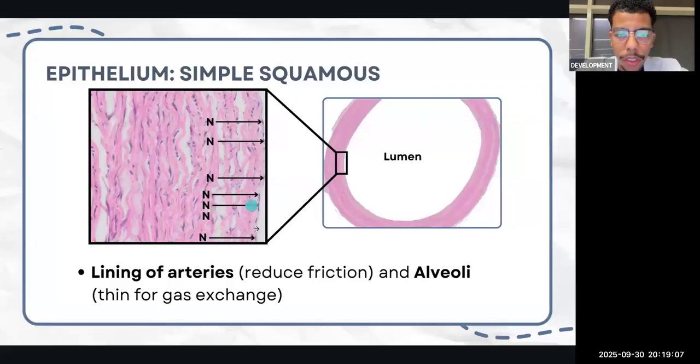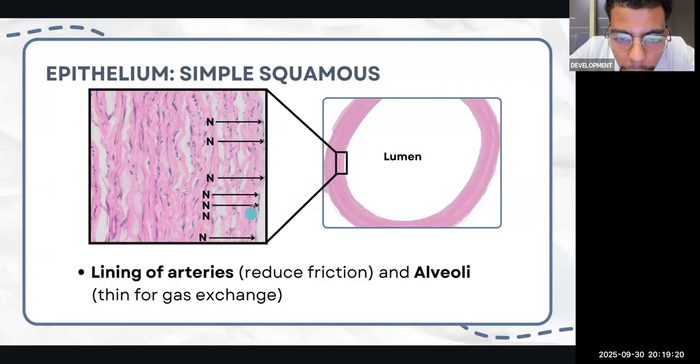So here is the picture of an artery. This is what an artery looks like. It's hollow from the inside, so it's supposed to be lined by what? An epithelium, and the type of epithelium is called simple squamous. Can you see here? It's so flat that you can only see the nucleus. It lines the arteries to reduce friction for the blood to flow.